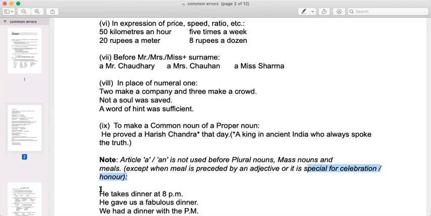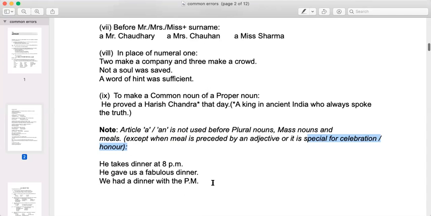For example, it is very usual that he takes dinner at 8 p.m. Okay, that is fine. It's time for dinner. But if you say he gave us a fabulous dinner, fabulous is the adjective, hence we are using a. We had a dinner with the PM. Having dinner with the Prime Minister is obviously an occasion of celebration.